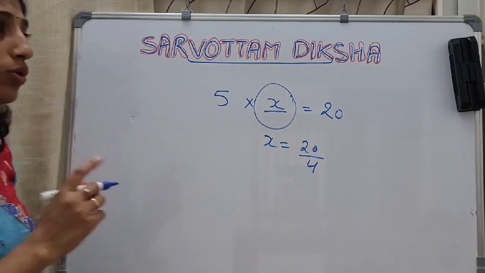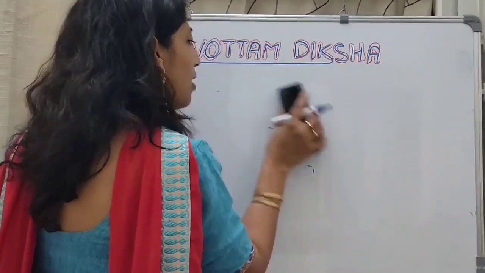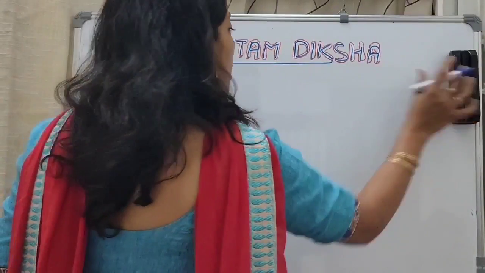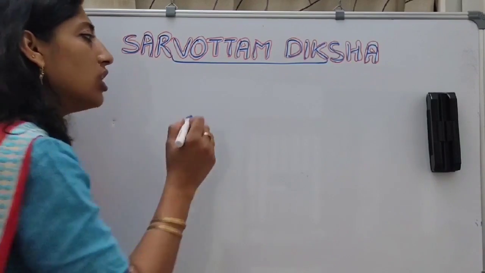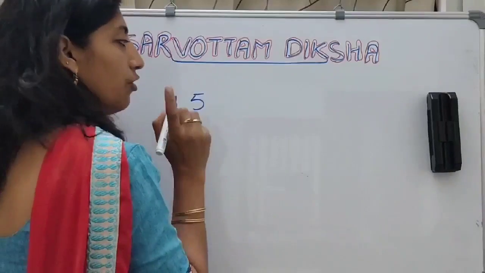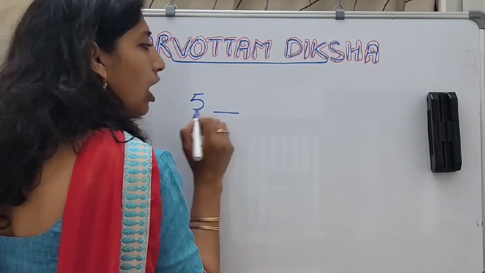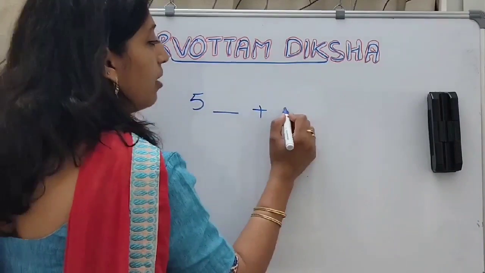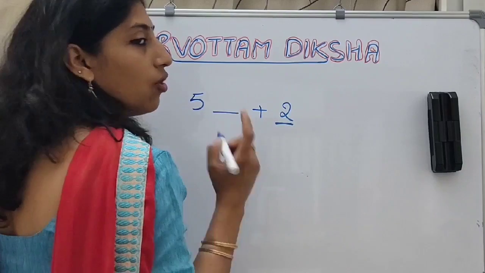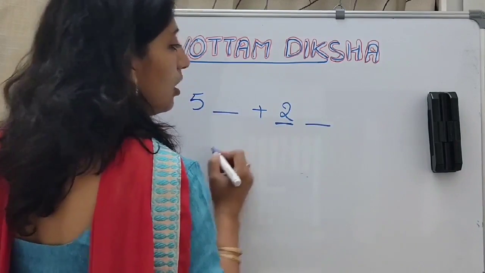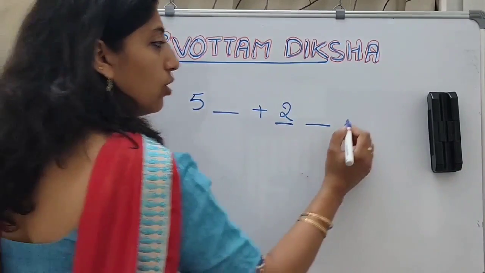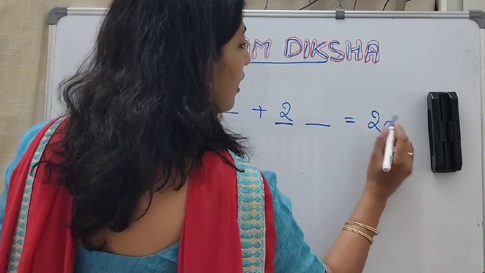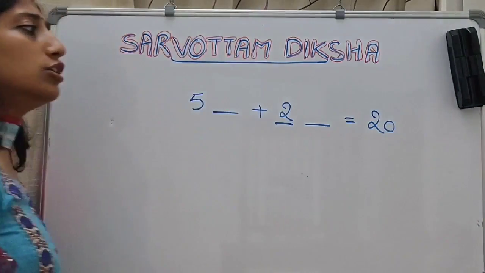Now, suppose I have taken 2 rides. My first ride was worth 5 rupees. I don't remember how many times I have taken that ride. My second ride was worth 2 rupees. I don't remember how many times I have taken that ride either. But I do remember again that in total I have spent 20 rupees.